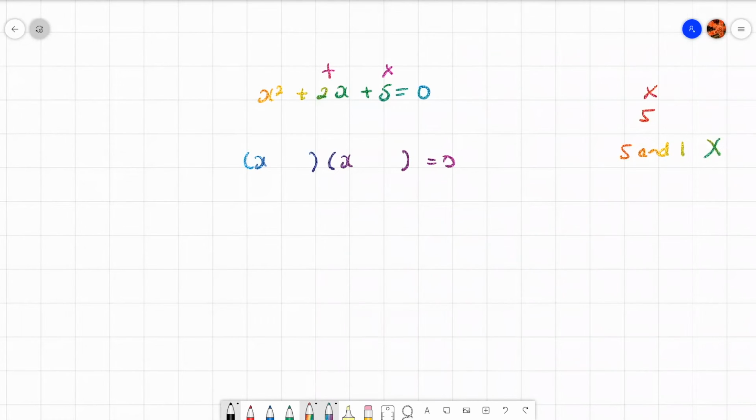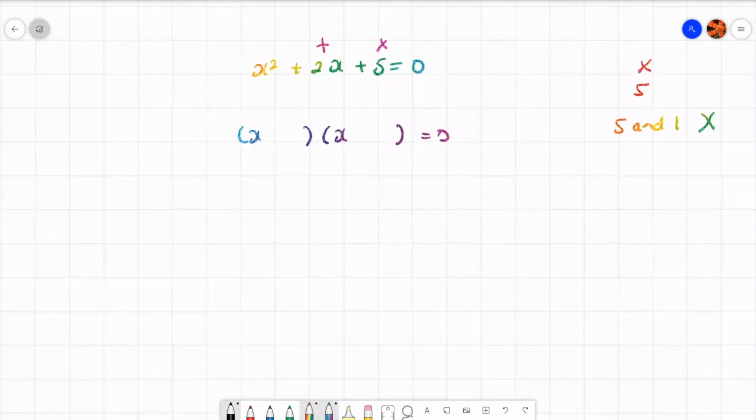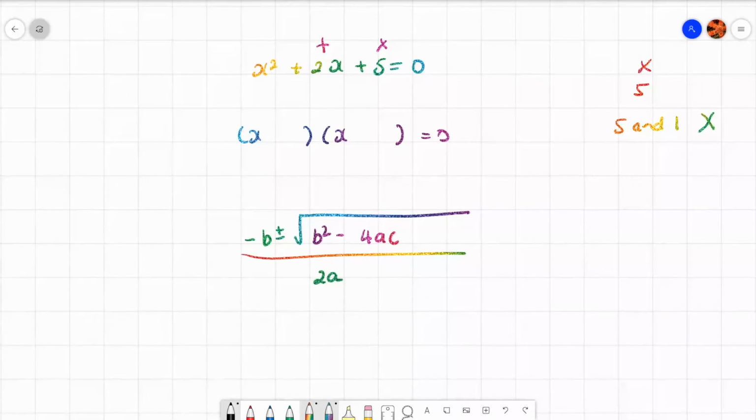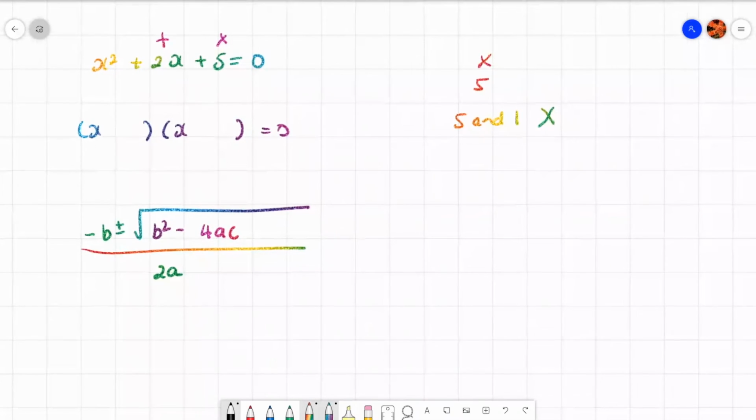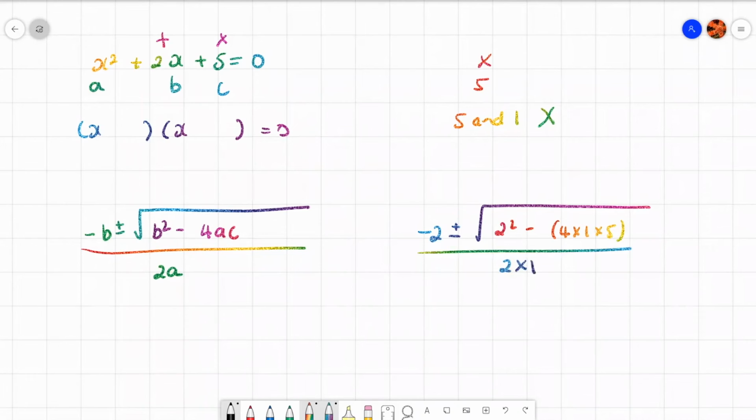So your next situation would be, if you can't factorize, you would need to use the quadratic formula: minus b plus or minus the square root of b squared minus 4ac all over 2a. So that's your a, that's your b, that's your c. So minus 2 plus or minus the square root of 2 squared minus 4 times 1 times 5, all over 2 times 1.